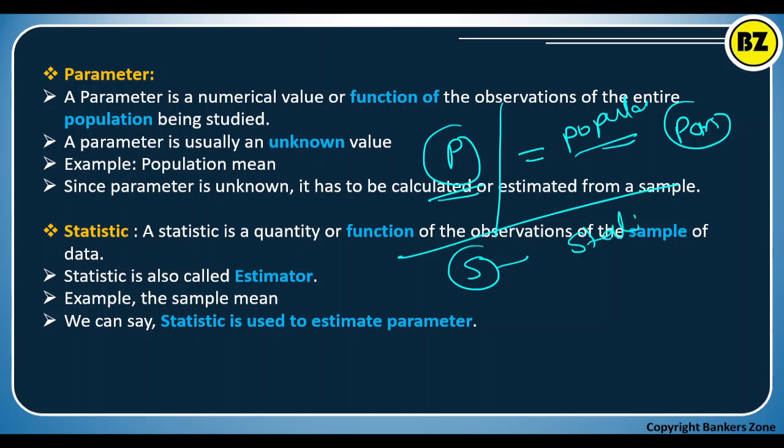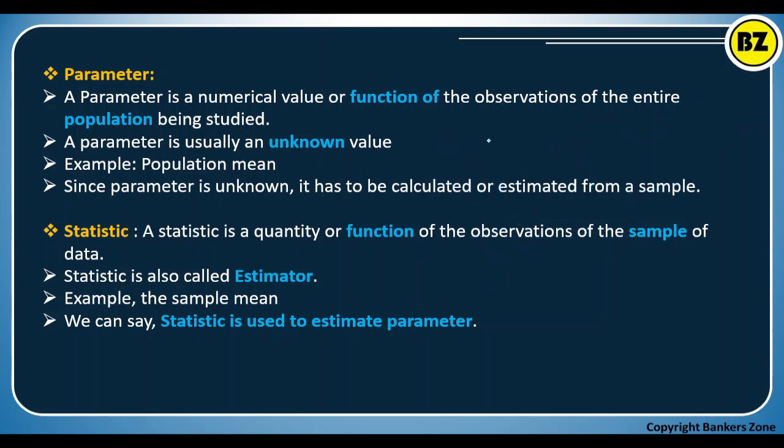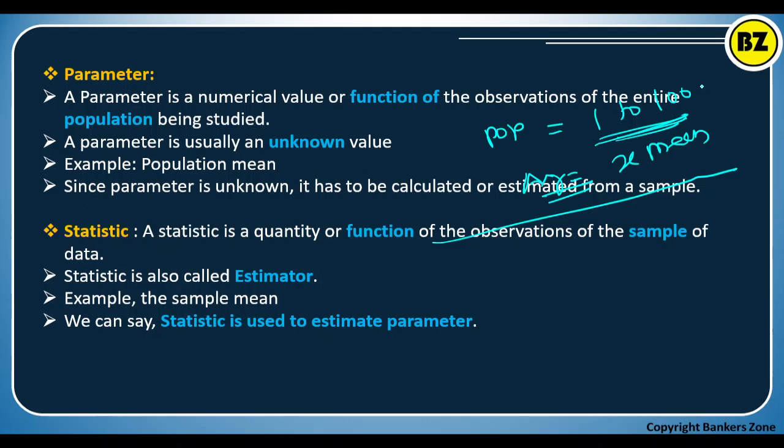For example, see here, suppose you have a population. The population is the numbers 1 to 1000. Suppose you have calculated the average of it, say it is x. So the mean x will be your population parameter. Now out of those 1 to 1000 numbers, you have only taken 1 to 10, and you have calculated the average here.